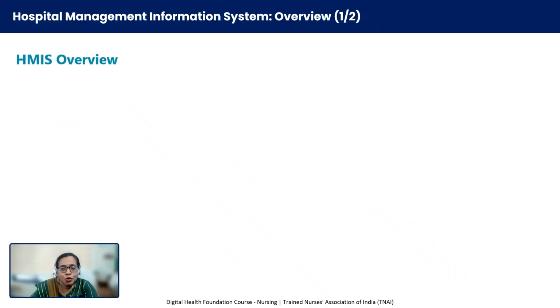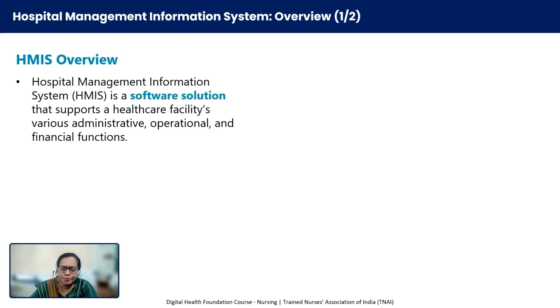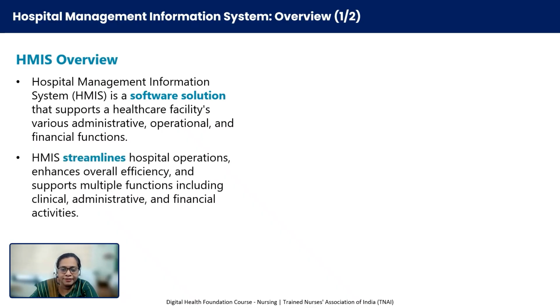Let's now take a look at what Hospital Management Information System, or HMIS, is all about. Again, HMIS is a digital software solution that helps our hospitals manage all their key functions in one place. So this includes almost all the functions like your administrative tasks, clinical workflows, operational coordination, and even financial processes.